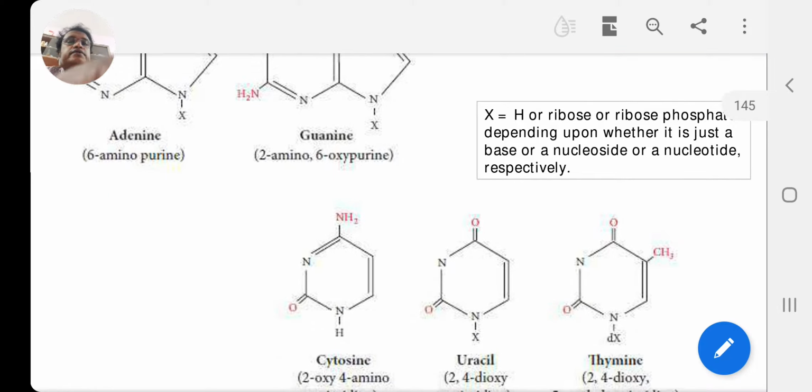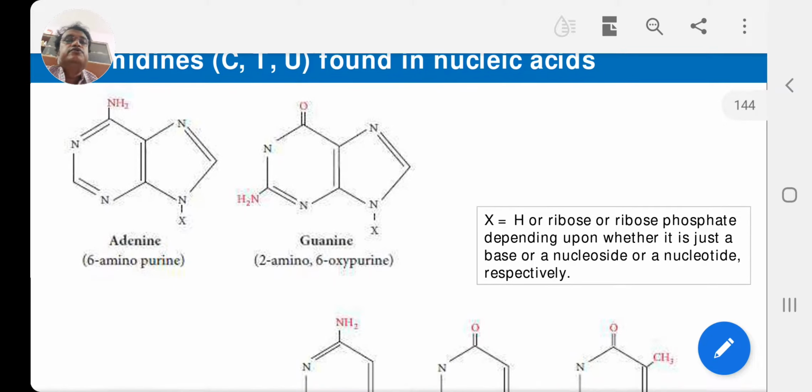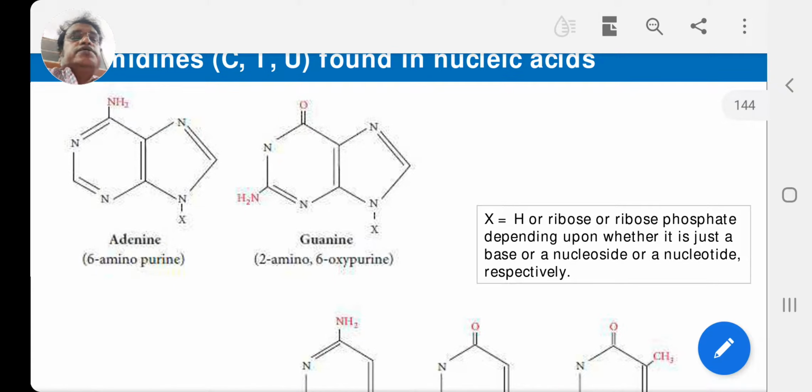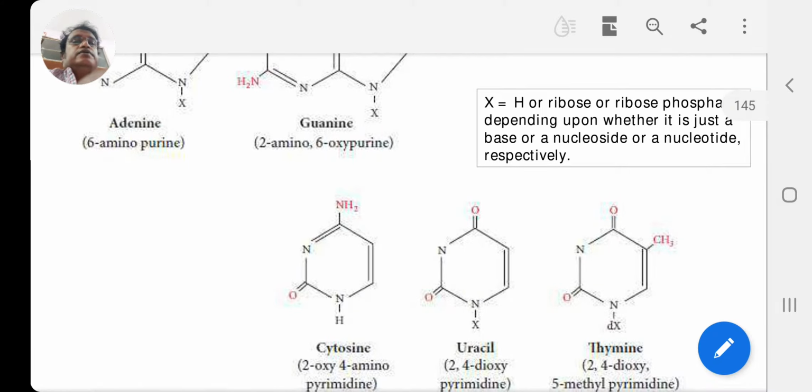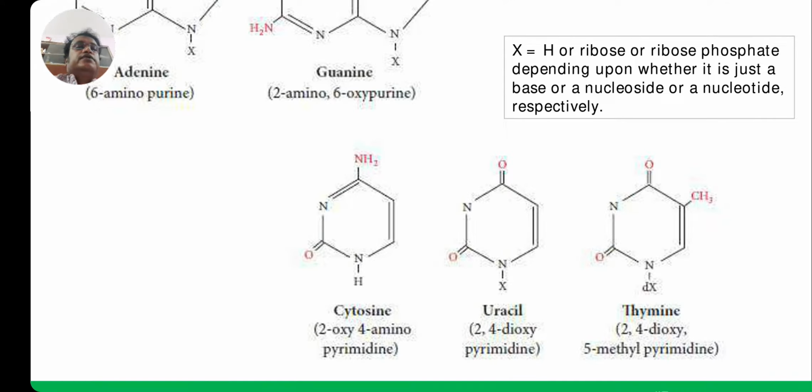Adenine and guanine: adenine is also called 6-aminopurine, guanine is 2-amino 6-oxypurine. Then cytosine, uracil and thymine.